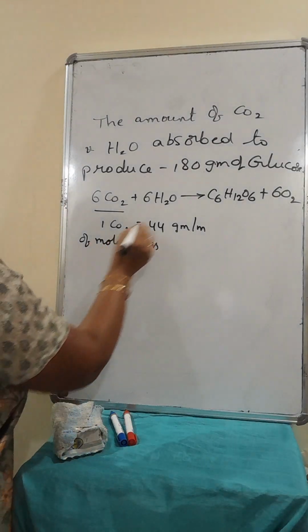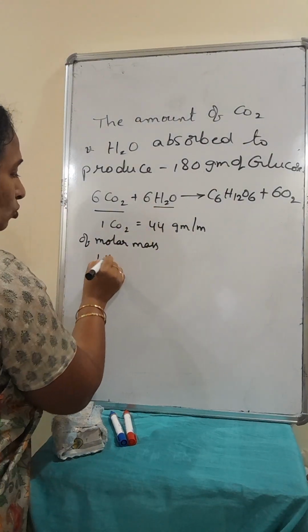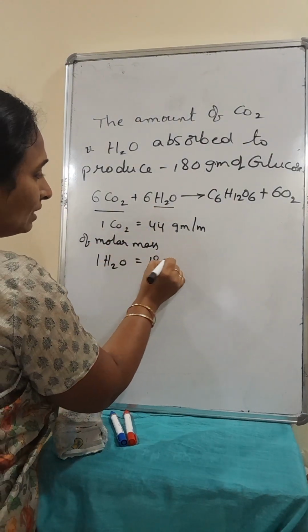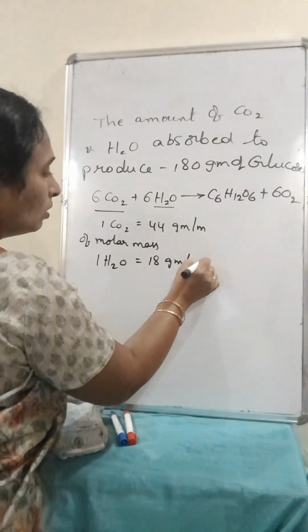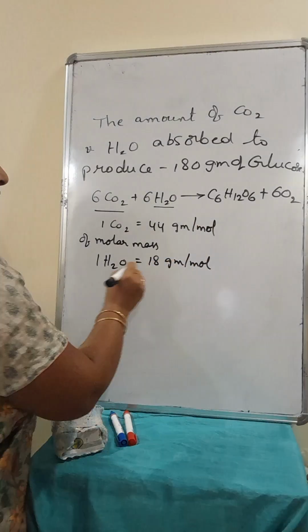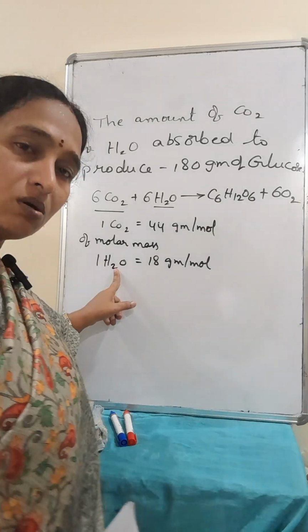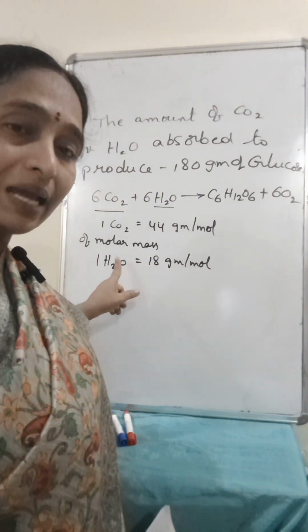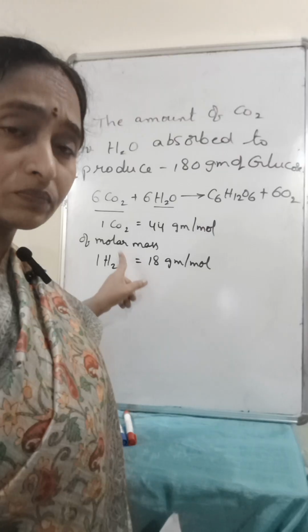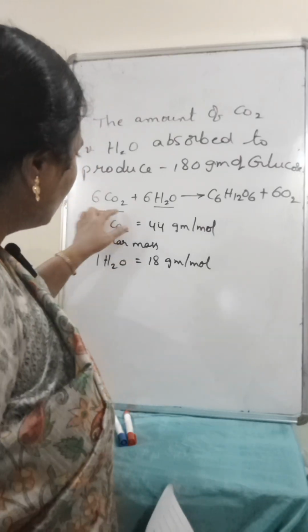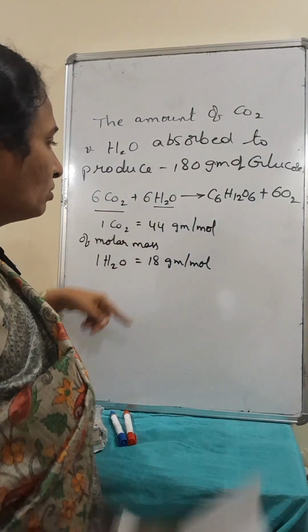Similarly, 1 H2O is equal to 18 grams per mole.